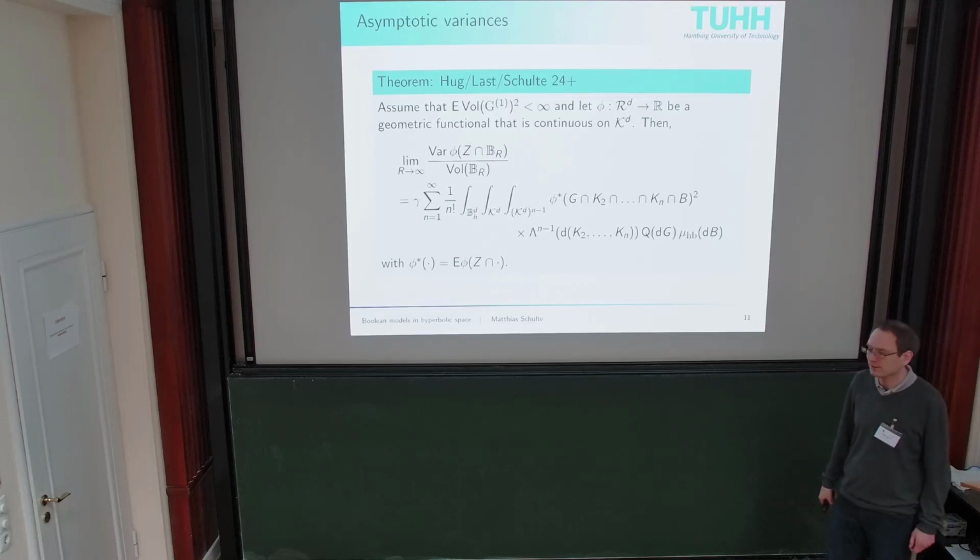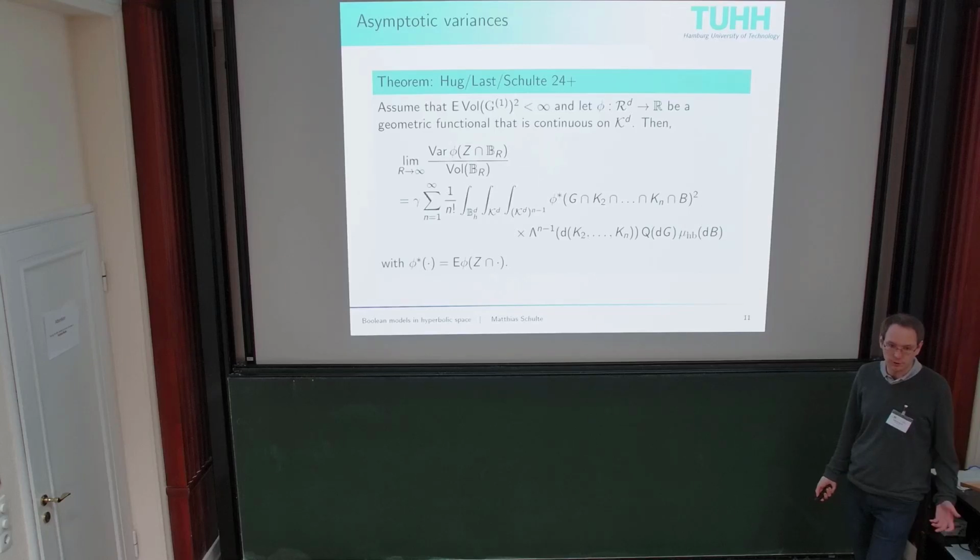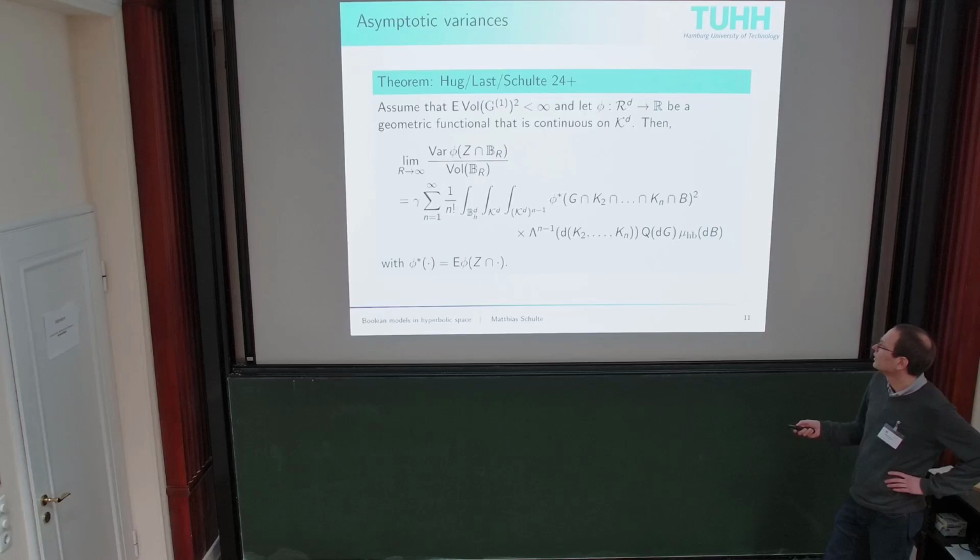Now the interesting question is, how do these formulas differ from what we know for the Euclidean case? There are two differences. The first is that here and in the previous formula we integrate over all horoballs, and in the Euclidean case you do not have this integration.